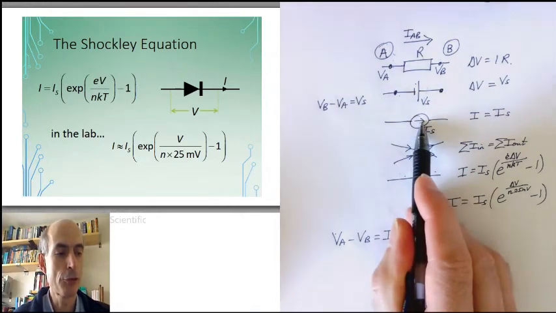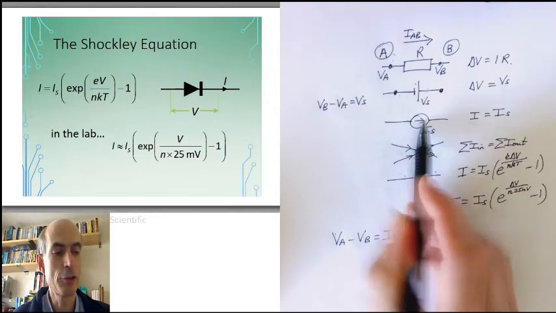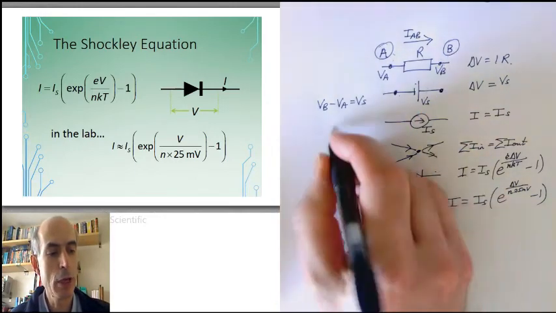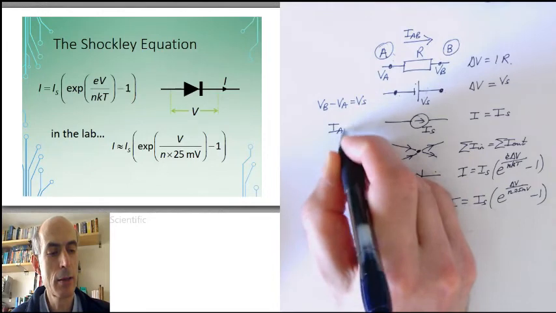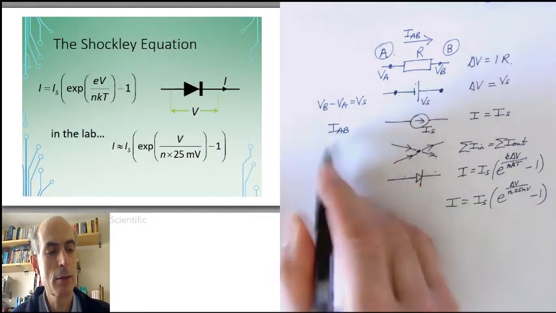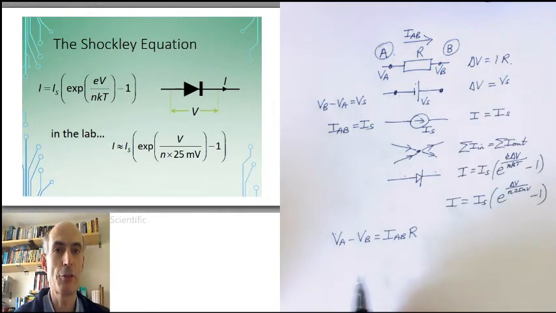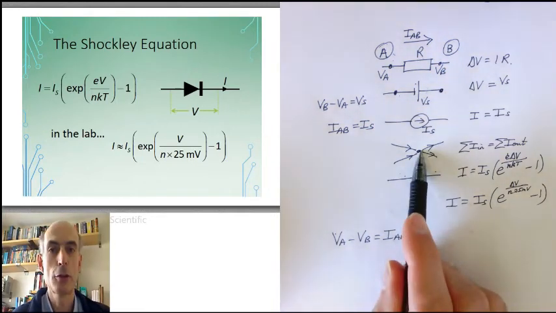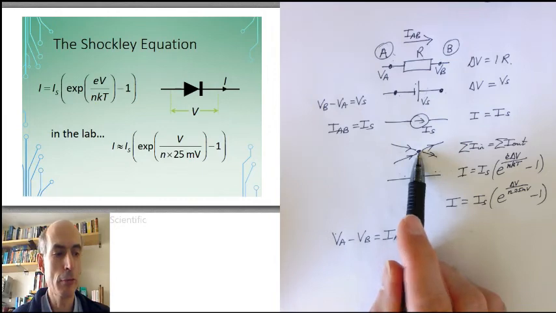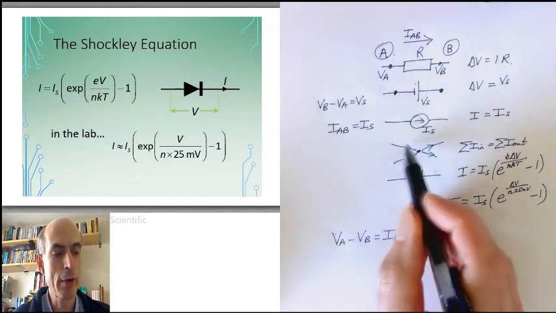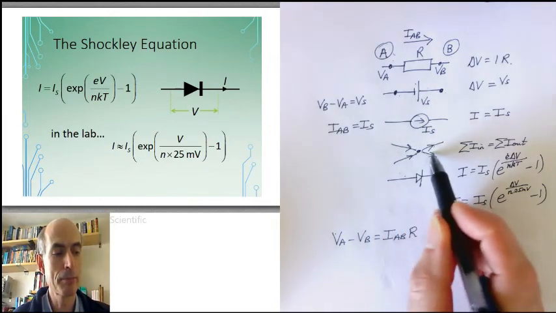For the current source, this current is in the direction from A to B, so I would just write A to B. The current from A to B is equal to the current source IS. Kirchhoff's current law will take care of itself because we've defined what direction all the currents are going in.